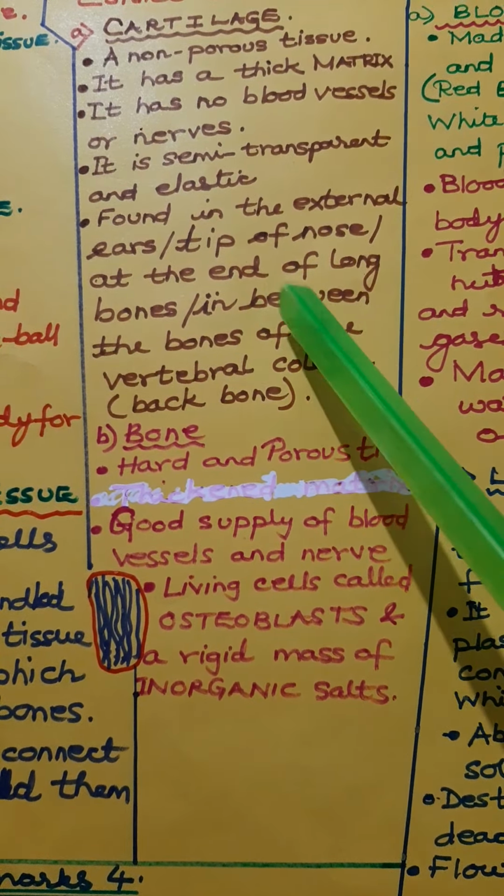Okay, now we come to the next supportive connective tissue, that is the bone. So supportive connective tissue: cartilage and bone. Bone is a hard and porous tissue. It has fine openings.